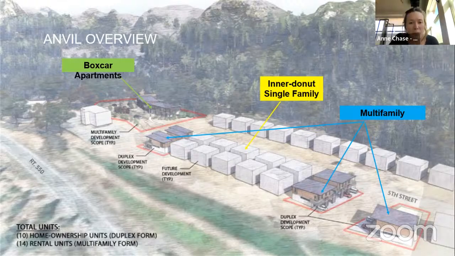And then the boxcar apartments are located above the pre-existing Anvil apartments. The number of units and the look of these is to be determined, but probably pretty similar to the pre-existing apartment complex. And then next slide, please.